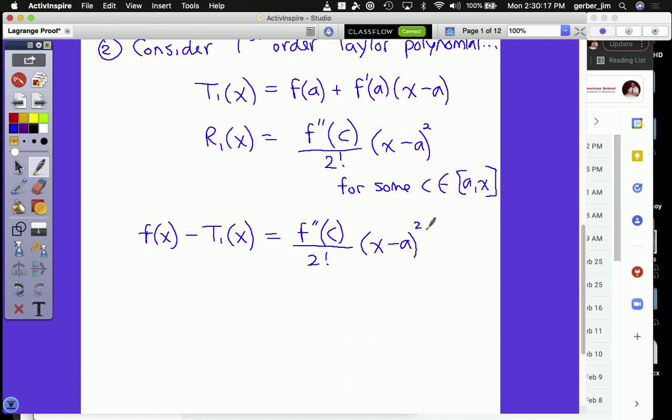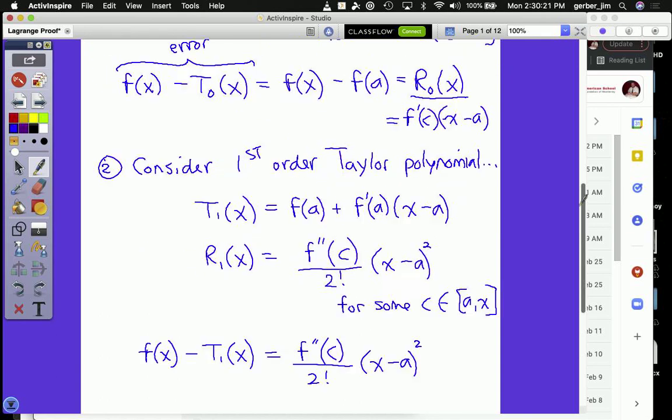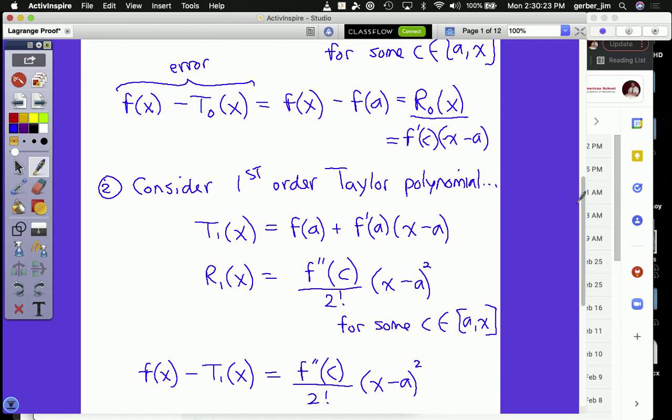Okay, so I've done this process twice. I took a zeroth order Taylor polynomial and I figured out what the remainder would be, and then I did a first order Taylor polynomial and I figured out what the remainder would be. And that's all I've done so far.